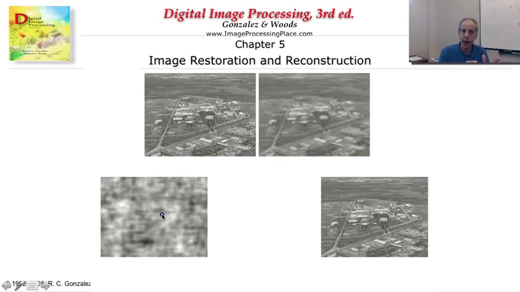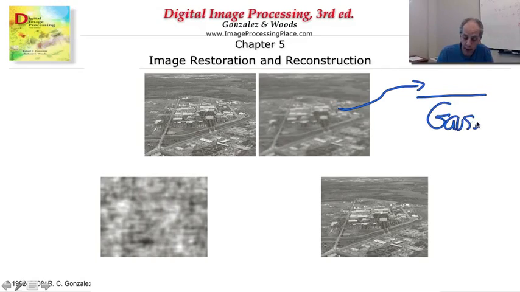So we take the Gaussian filter, we take the Fourier transform, and we divide the image's Fourier transform by the Fourier transform of the Gaussian, and then we reconstruct. This is nothing else than taking this image, taking its Fourier transform, dividing it by the Fourier transform of a Gaussian, and then inverting the Fourier transform of the result.